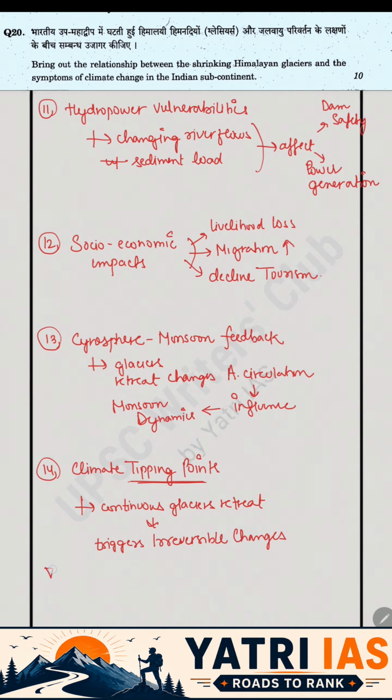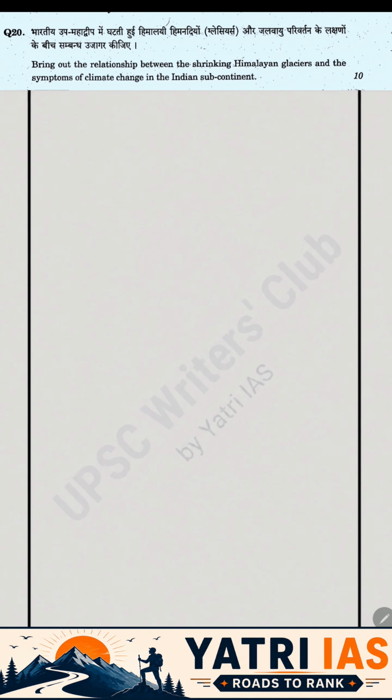And for this, you could also cite a report by ICIMOD that says that even at 1.5 degree Celsius warming, one-third of glacier volume would be lost. So these are the pointers which you could mention to establish the relationship.